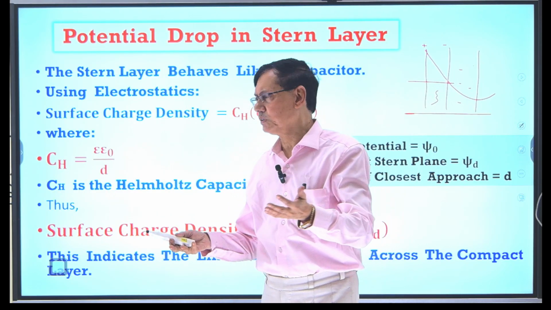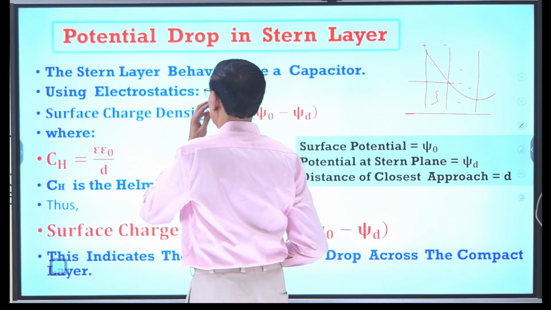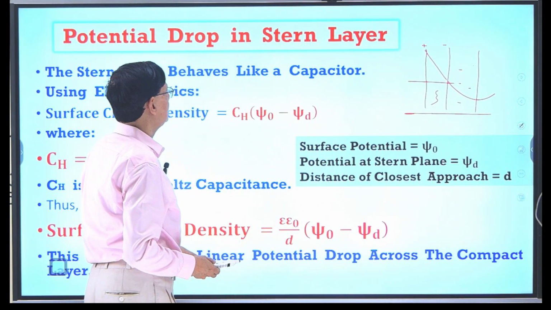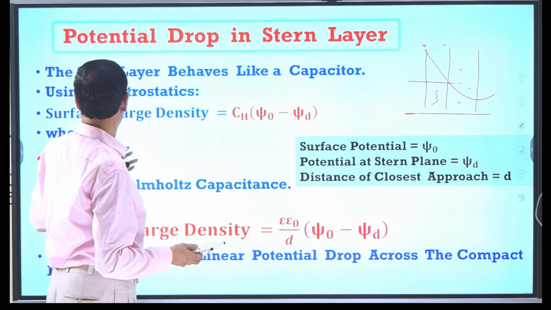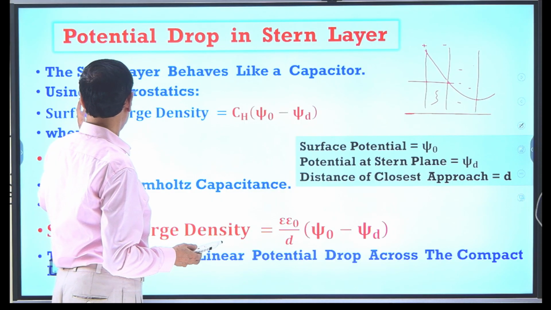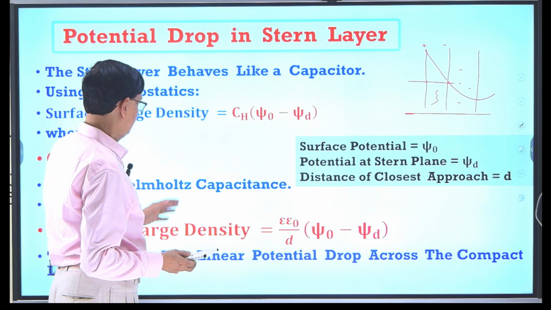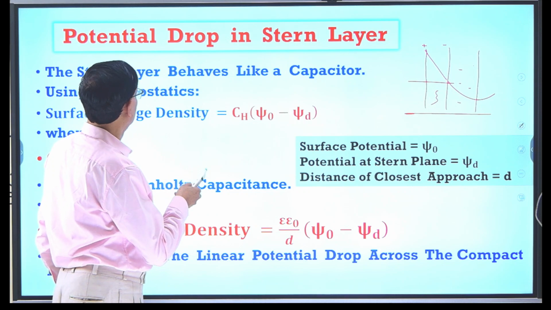Then there are some electrostatic forces and other things. So the Stern layer behaves like a capacitor. You know the definition of a capacitor: it stores energy. So using electrostatics, the surface charge density. I am first talking about that Stern layer.